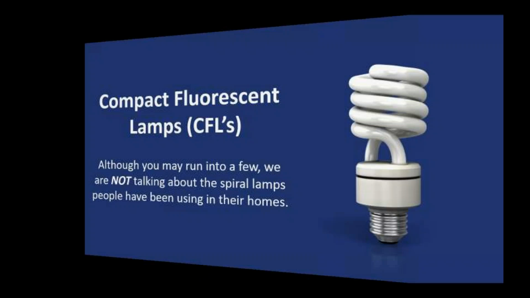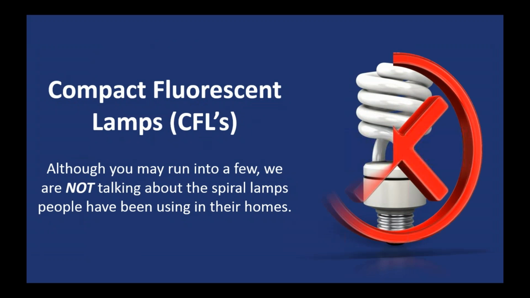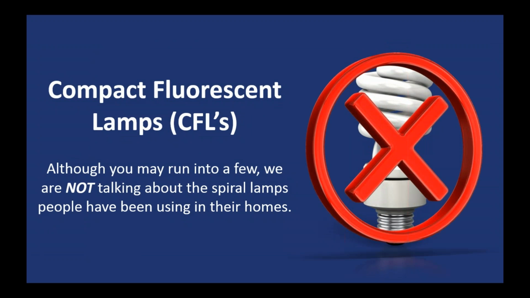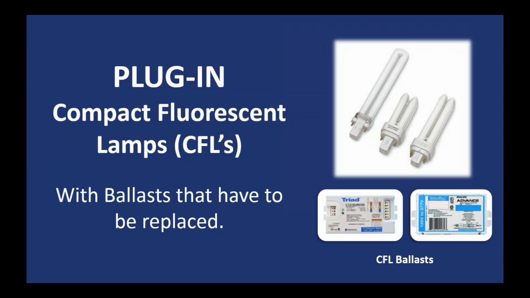So let's move from standard fluorescent into the small stuff, compact fluorescent lamps. You might run into a few of these spiral lamps, but overall, when we're looking into businesses, when we're looking commercially, these aren't what we're talking about. Yes, there are a few out there, but it's not the majority of what we're talking about. What we're really talking about are these, the plug-in CFLs, compact fluorescent lamps.